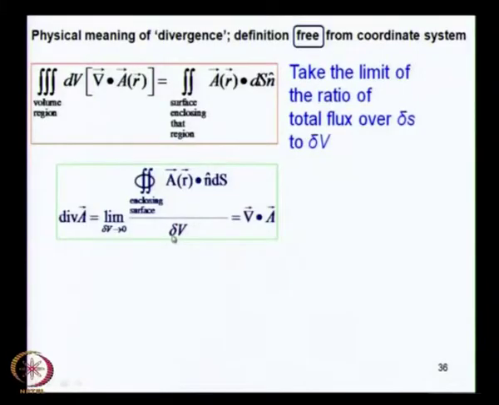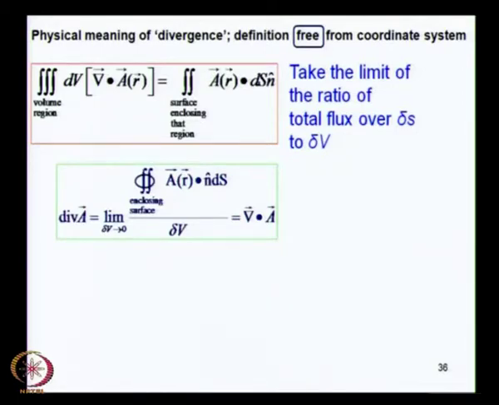Anyhow, you take any region of space and construct this flux and divide it by the volume which is enclosed by that surface, take the limit delta v going to 0, and now you have got a right hand quantity which has nothing to do with the Cartesian geometry. It has nothing to do with the Cartesian coordinate system.